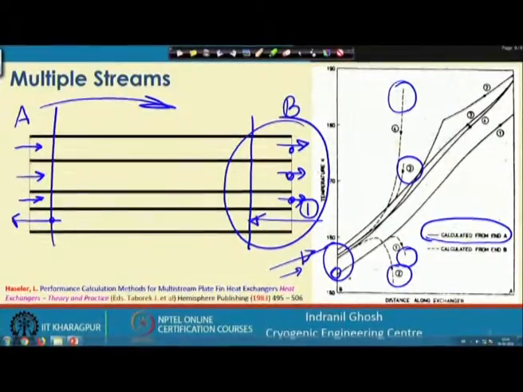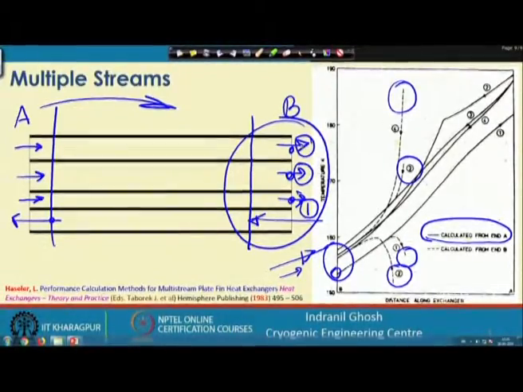Even if we make a very close assumption to the exit temperature, it is not going to converge. So, in order to solve this problem, this iterative scheme is not going to help much.